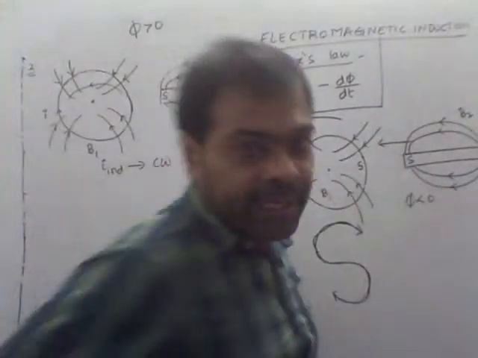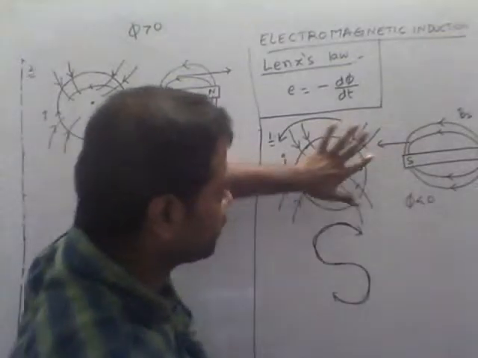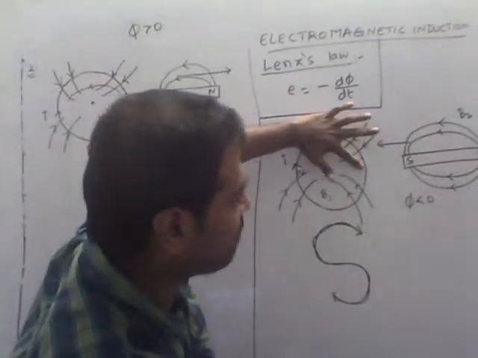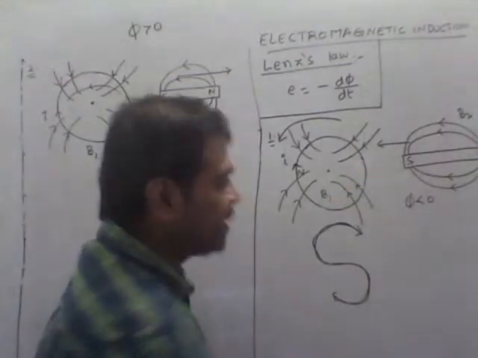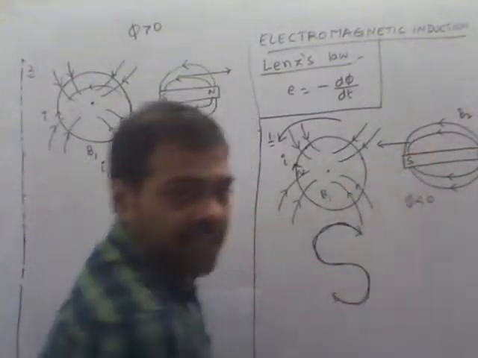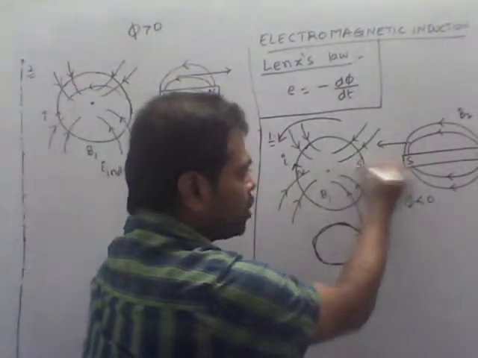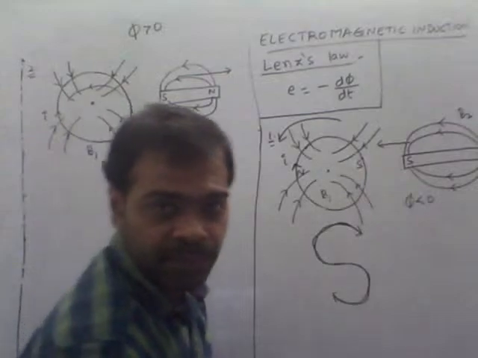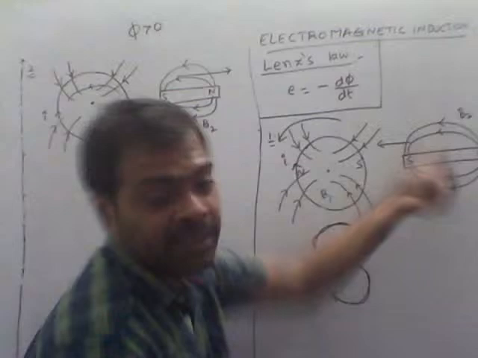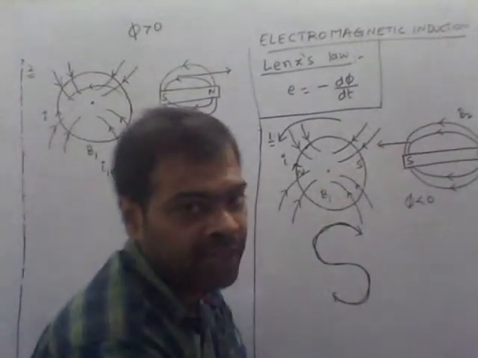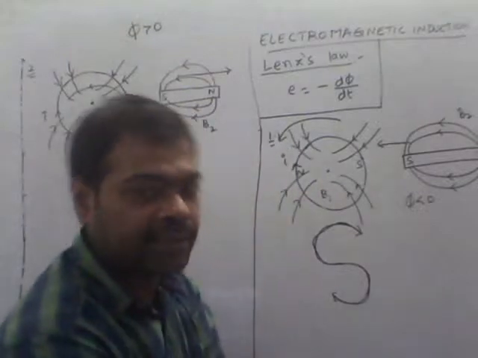Due to the repulsion, if I have a south pole here, that means at this end the magnet is coming, so both should have like poles. Then only the coil will repel the magnet. That is number one. And number two, you can see what happens.